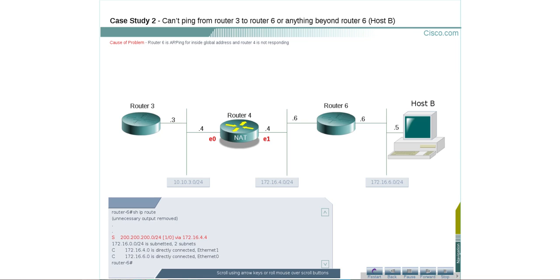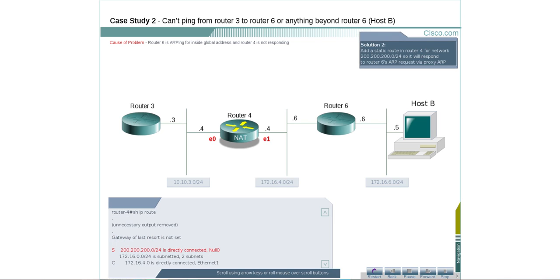A second solution would be to add a static route for network 200.200.200.0 in router 4, as shown in the example above. With a route in router 4's routing table, if router 6 were to send an ARP request for address 200.200.200.1, router 4 would now respond with its own MAC address because of proxy ARP.